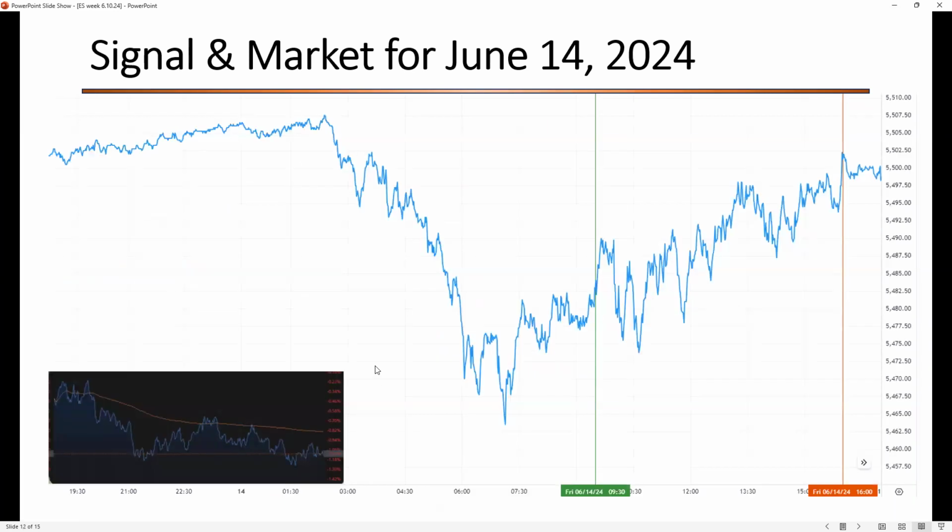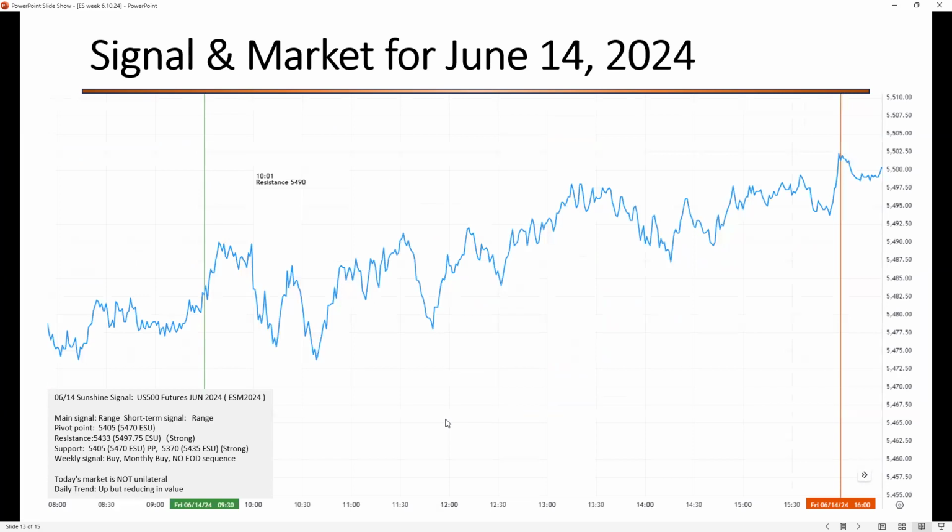For Friday, June 14th, the reference chart is showing possible downward movement in the beginning of the trading day, and then perhaps chops for the rest of the day. The signal is range buy with a pivot point at 54.70.